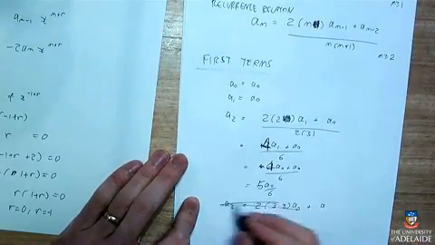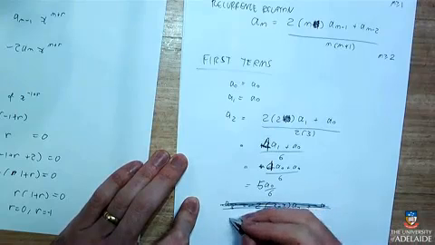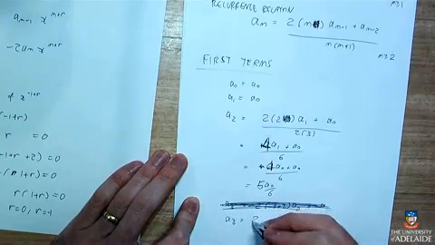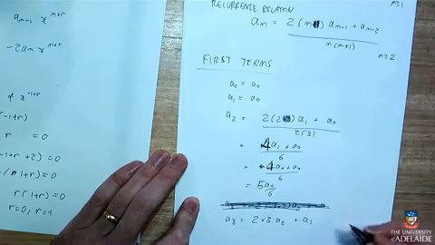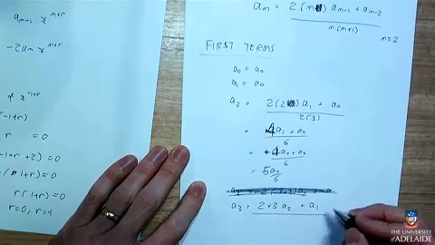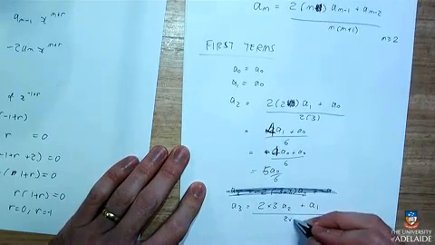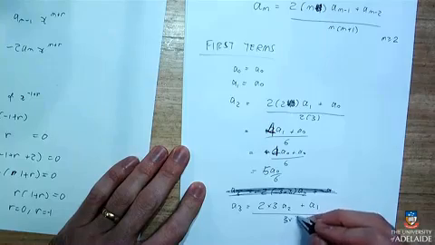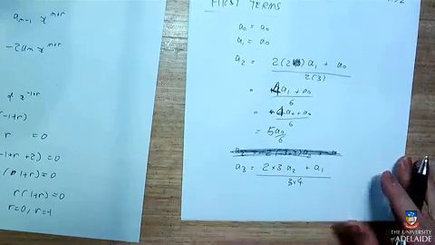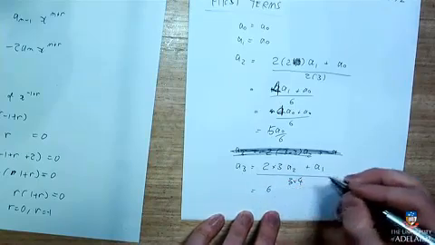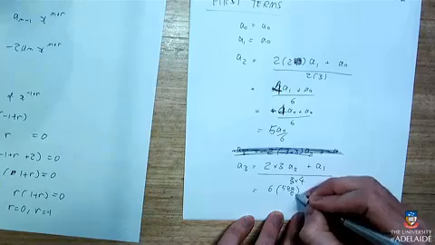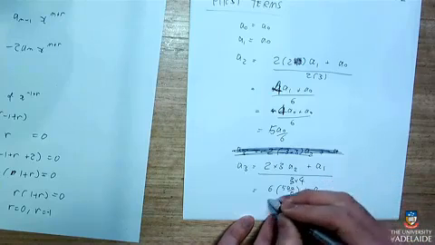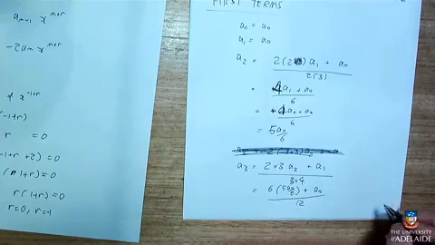Okay, so my A3, 2 times 3A2 plus A1 over 2 times 3 times 4, which is 6 times A2, which was 5A0 on 6, plus A1, which was A0 over 12, which is whatever it is.